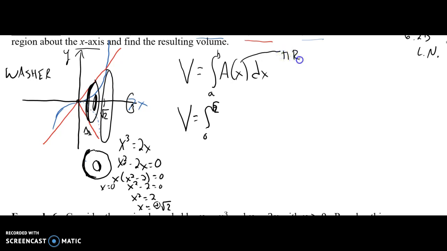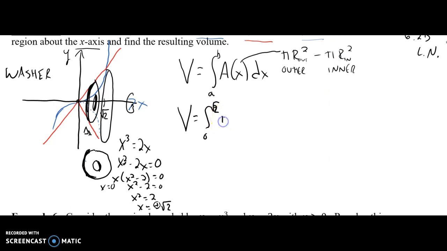My area function is going to be pi r squared for the outer circle, minus pi r squared for the inner circle. I like to call this in and this out.